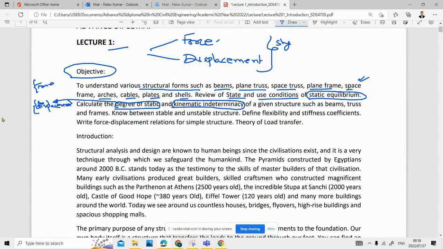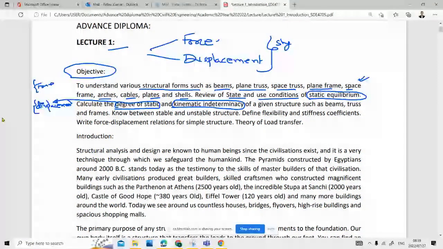Okay. So actually, whenever we start analysis, once you start, like your moment distribution method, your slope deflection method is a displacement-based analysis. Your moment distribution is force-based analysis. I don't know how you have been taught, but it's fine. I'm not going back. I'm just making you aware, right?